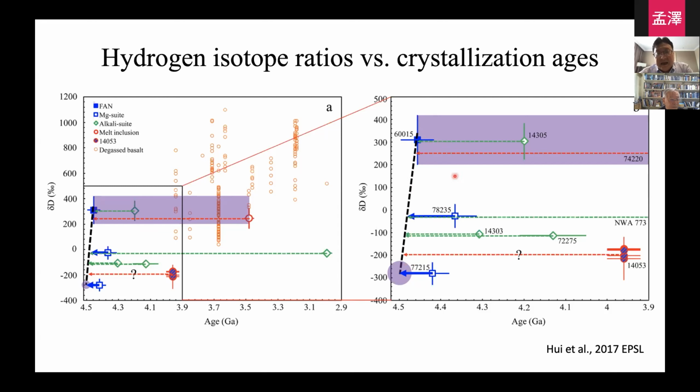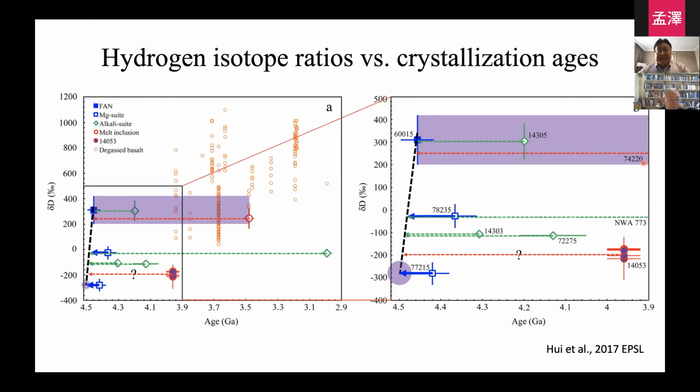Then we can use all these old samples to understand the hydrogen isotope compositions of their source regions. Here, I want to discuss 60015 and 14305, which is an alkali suite. So it's plutonic, and 74220 is the hydrogen isotope data from the olivine melt inclusions.